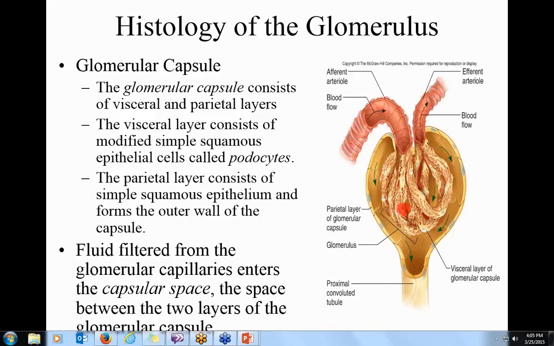If you look at them, they look like they've got little feet, or pedicles. And then the parietal layer forms a capsule. This is where fluid is going to enter from the glomerular capillaries. Notice it's a very thin layer of cells, just one cell layer thick. Very good for diffusion.